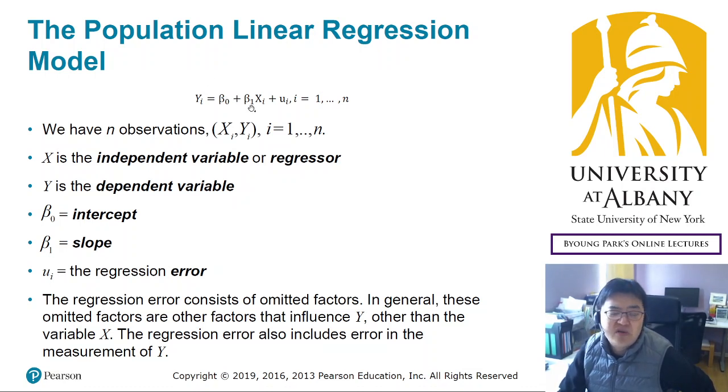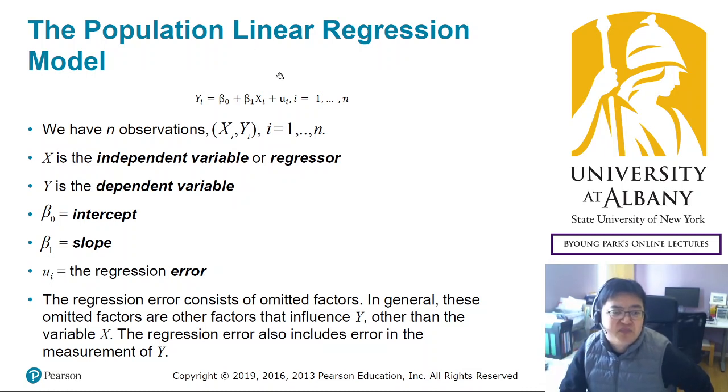But in some cases, beta 0 is not required. For example, the current student-teacher ratio is 20 in this school. Then what would be the increase in the test score if the student-teacher ratio drops by 2, for example?